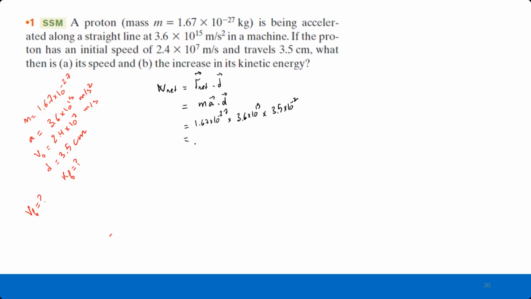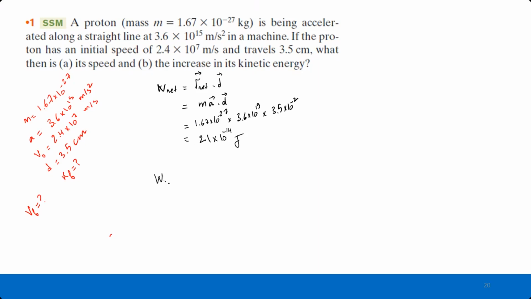I can find the net work acting on the proton. This is going to be 2.1 times 10 power minus 14. The unit is joules.